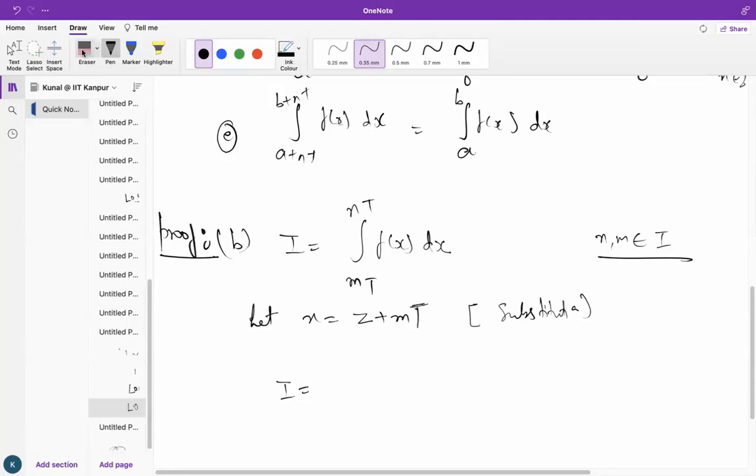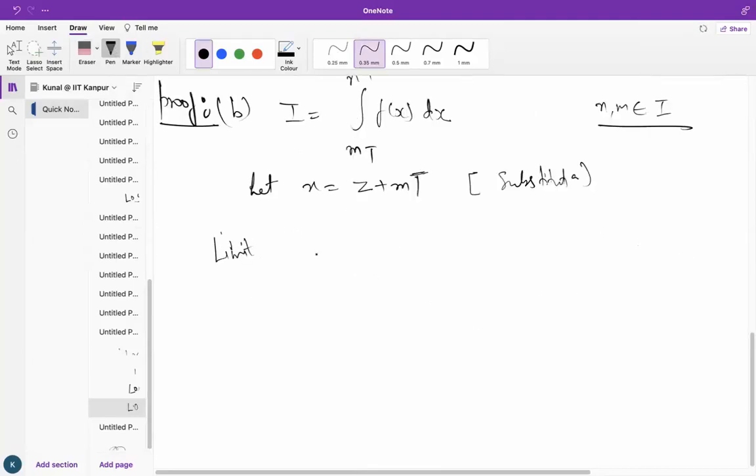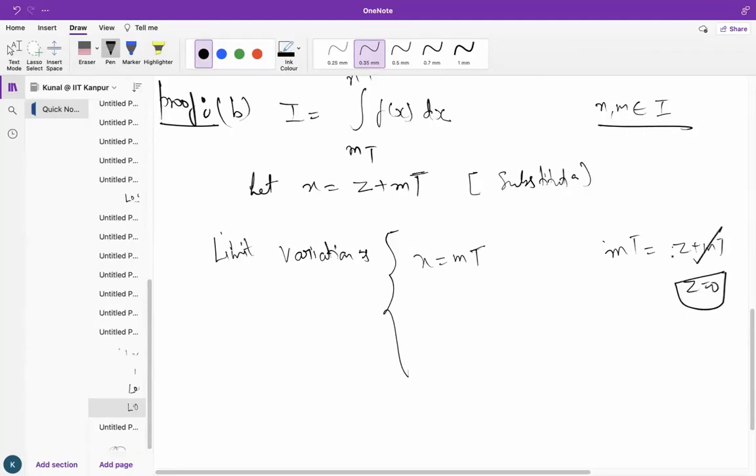Let me show you the limit variation. When x equals mT, that is for the lower limit, we get mT = z + mT. So the value of z will be 0, because the mT gets cancelled.